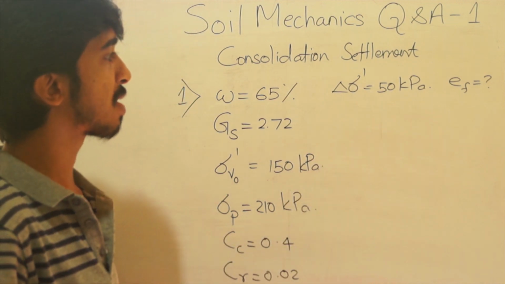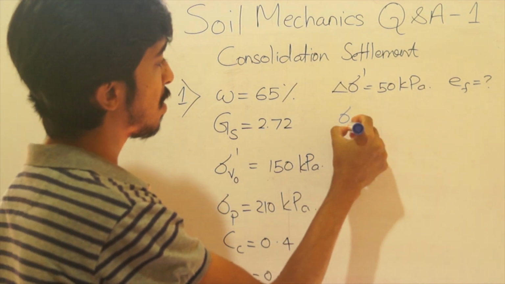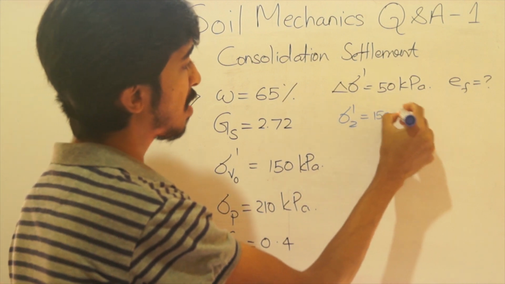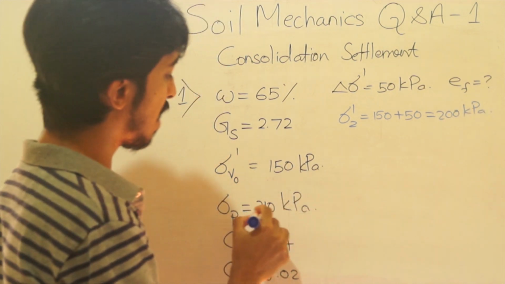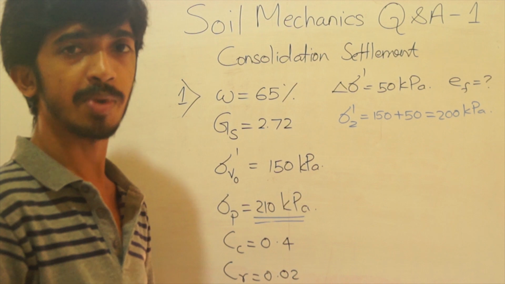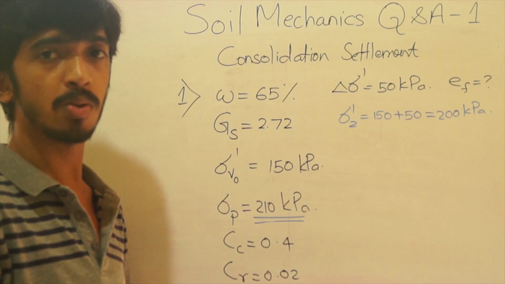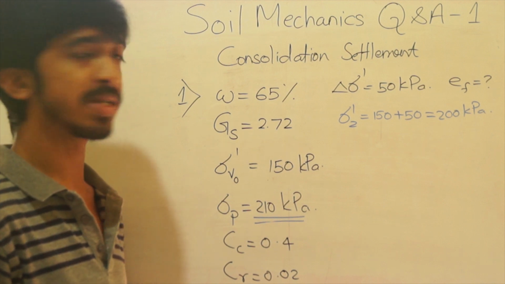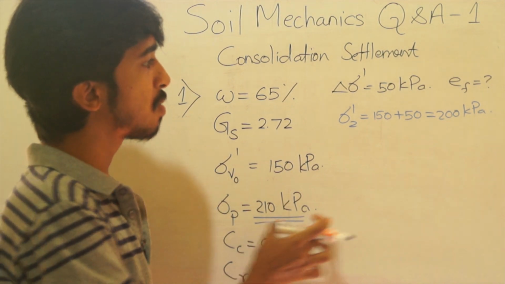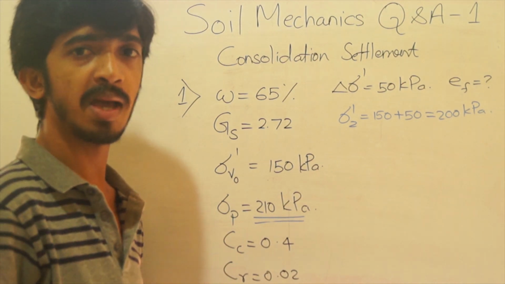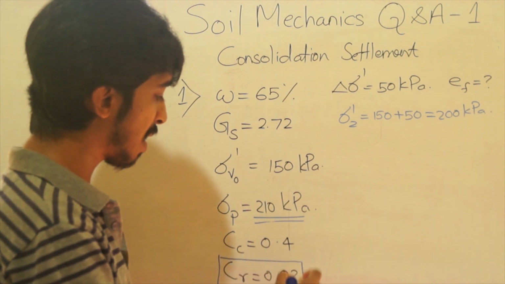So the final load, sigma 2 dash, would be equal to 150 plus 50, that is 200 kilopascal, which is less than the pre-consolidation pressure. So still the clay hasn't gone into the normally consolidated state, it is still in the over-consolidated state because the maximum pressure is 210, so it is experiencing a pressure which is less than its pre-consolidation pressure. So we have to use the CR index.